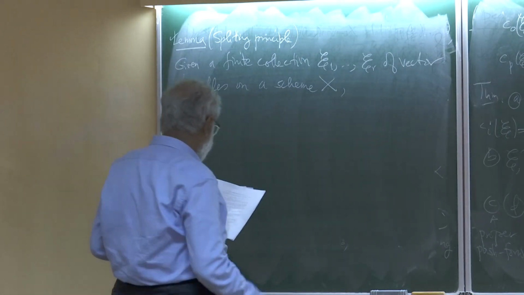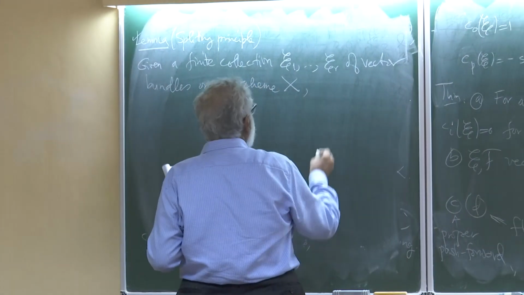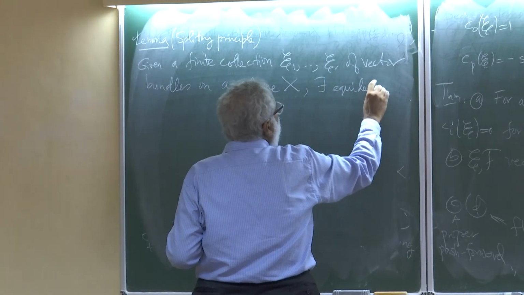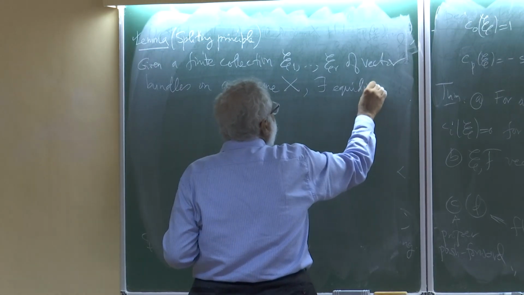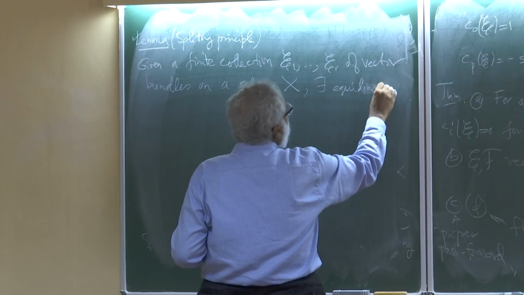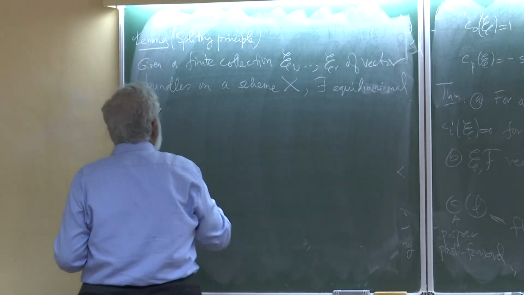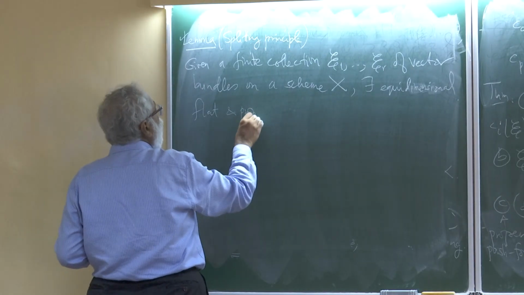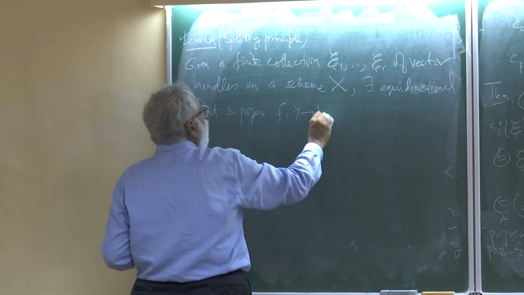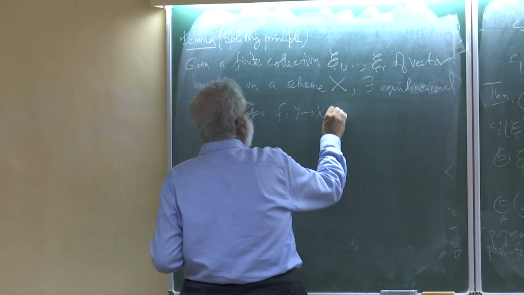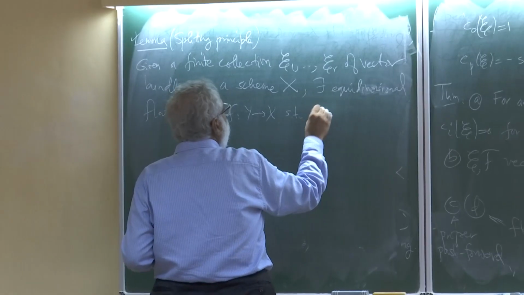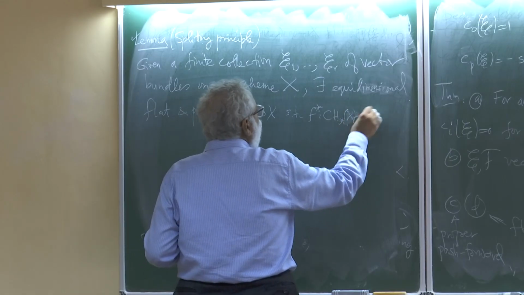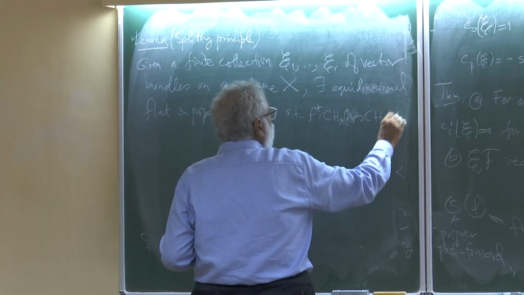Given a finite number of vector bundles on a scheme X of finite type, there exists an equidimensional, flat and proper f: Y to X such that f^* on the Chow groups of X to the Chow groups of Y, which exist because of the flatness, are injective.